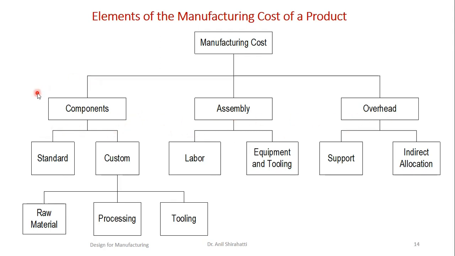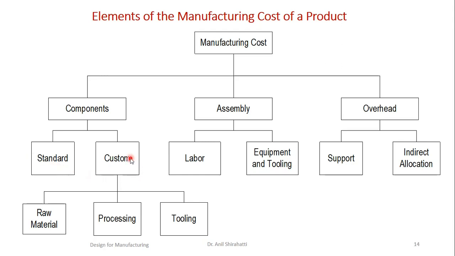Component cost: if you are using a customized component, you need the raw material to process it, and you also need the tooling. If you are using a standard one, the cost comes down. As I told in my last lecture, if you are using a standard nut and bolt of, let's say, M20, your cost will come down heavily. Maybe it comes to 50 rupees only for one M20 nut and bolt arrangement.